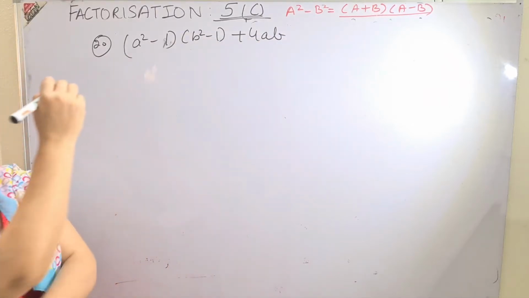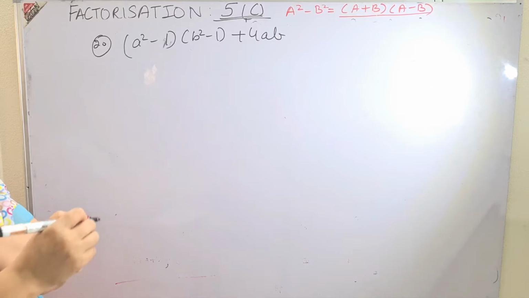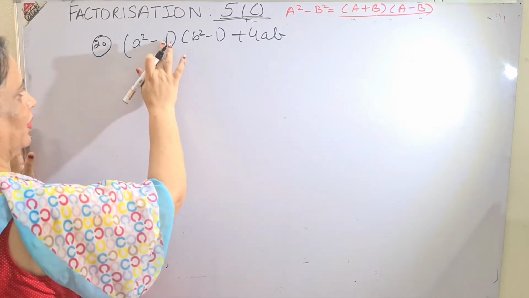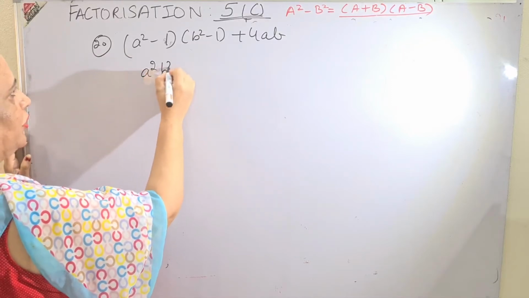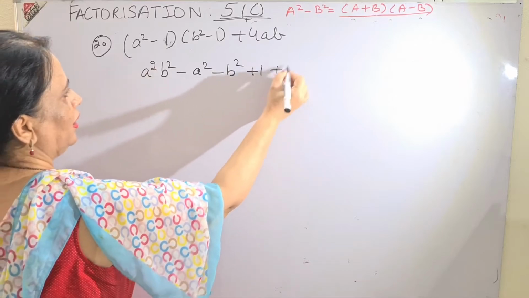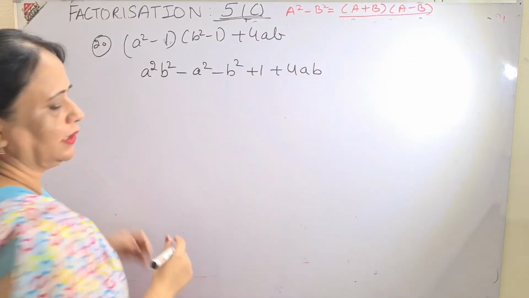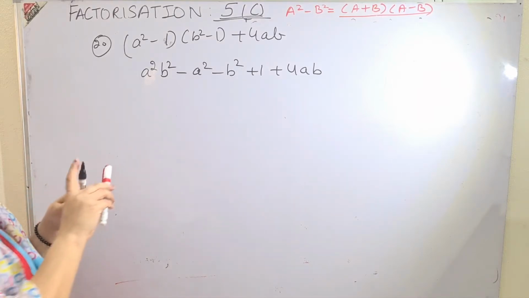Now you will understand the question nicely from me, because these questions are a little hard to understand. That is why I am doing it now one by one. Multiply it: a square b square, minus a square, minus b square, plus 1, plus 4ab. Now this step is very, very important.